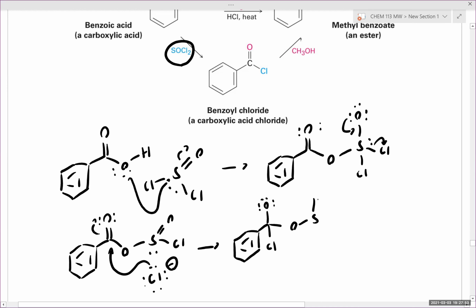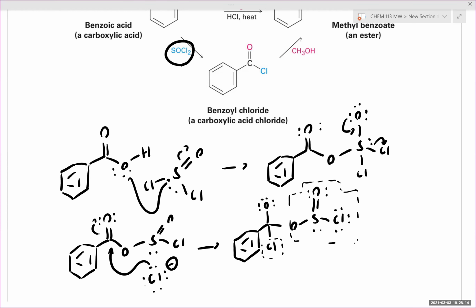Now, what's really interesting here when we think about carbonyl substitution reactions is which leaving group is better, chloride or this highly stabilized anion? Which leaving group looks like a better leaving group? Which leaving group can readily stabilize a negative charge?